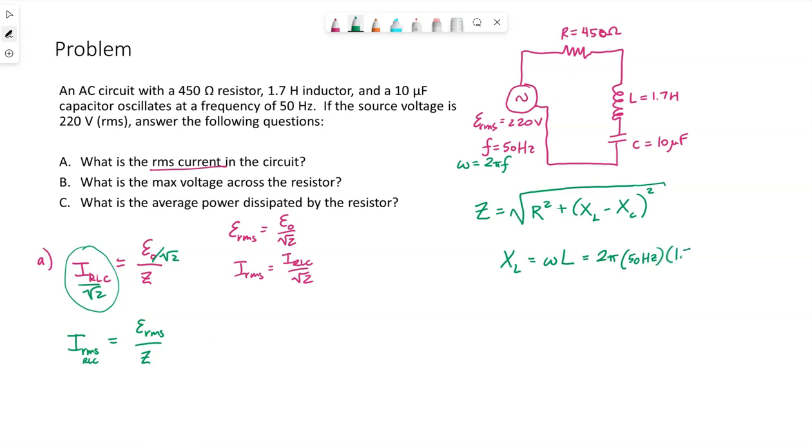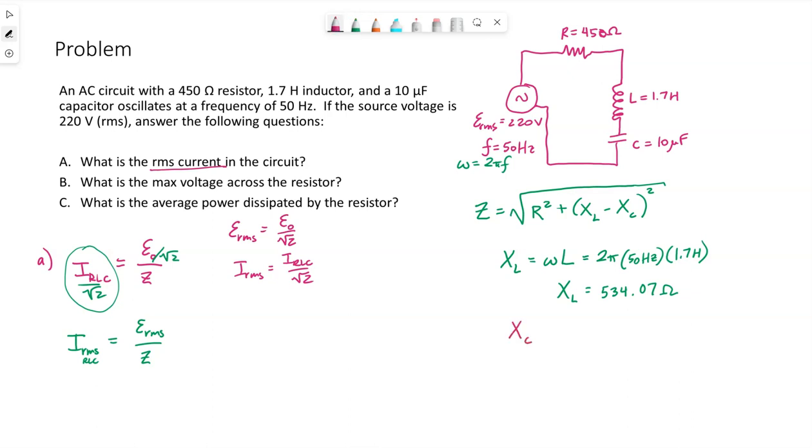Now we multiply by the L, and that will give us our X sub L. So 2 pi times 50 times 1.7. I'm getting 534.07, and it keeps going. I'll round it to there though. So XL, 534.